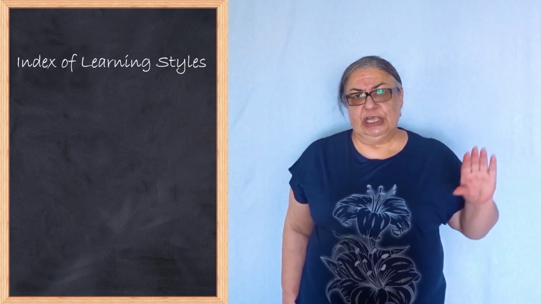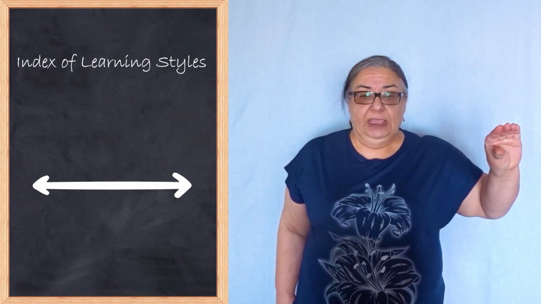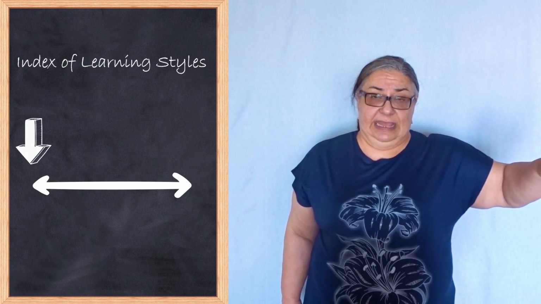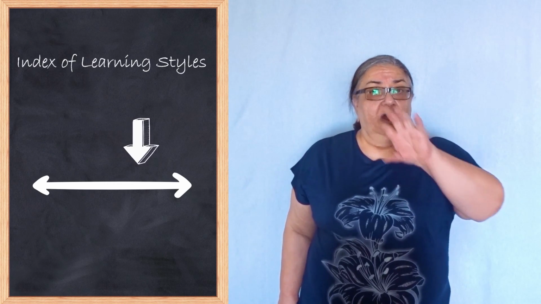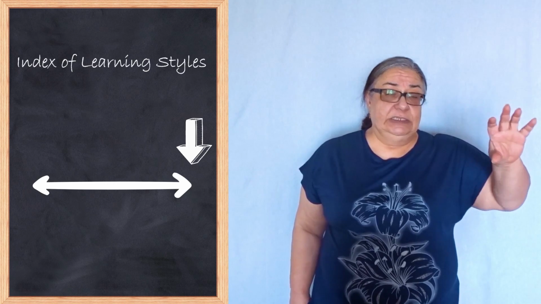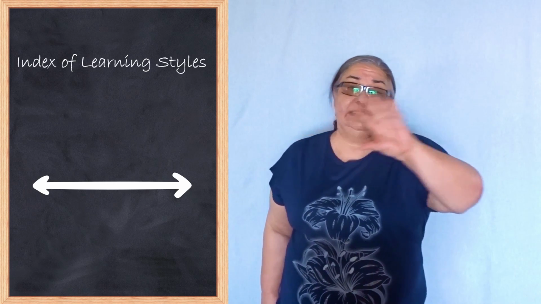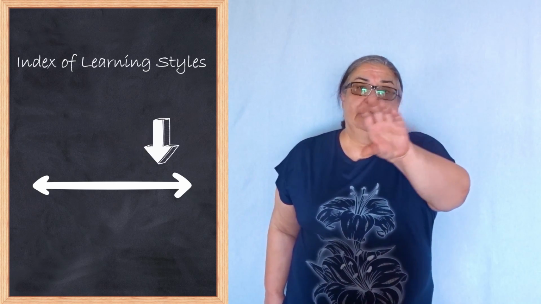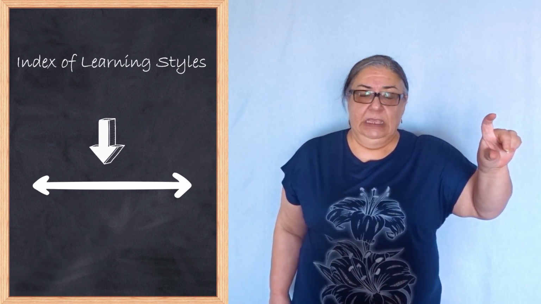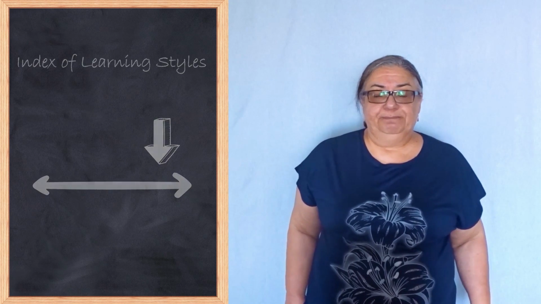These dimensions are on a continuum with one learning preference on the far left and the other on the far right. So you don't need to be at the extreme points of this continuum. A person can be anywhere on this continuum.